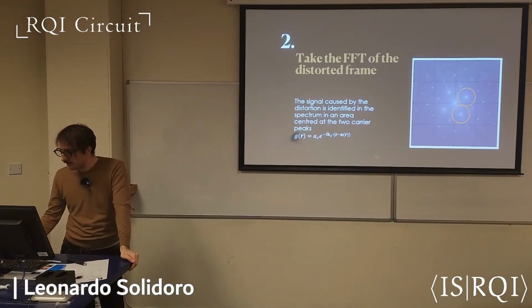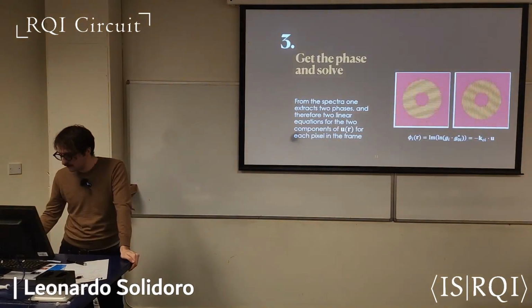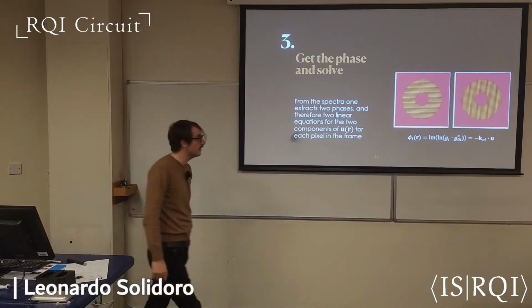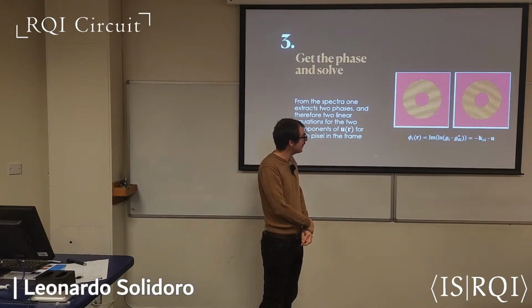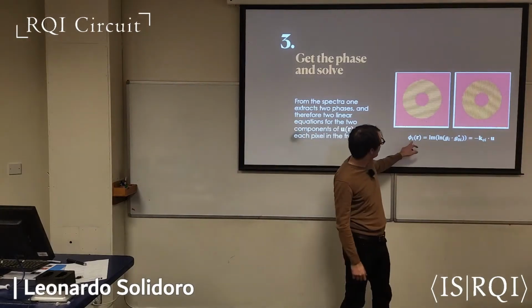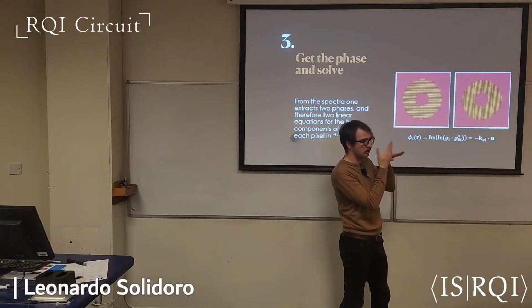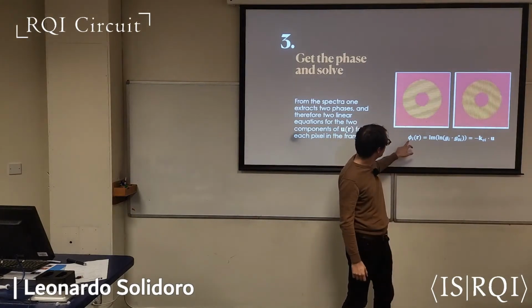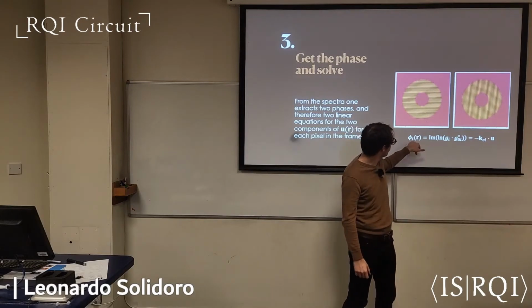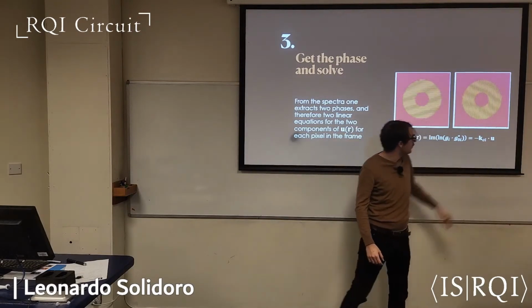So by identifying these two peaks and the modulation introduced by the displacement vector, we can extract numerically the phases for each pixel as detected by our camera.